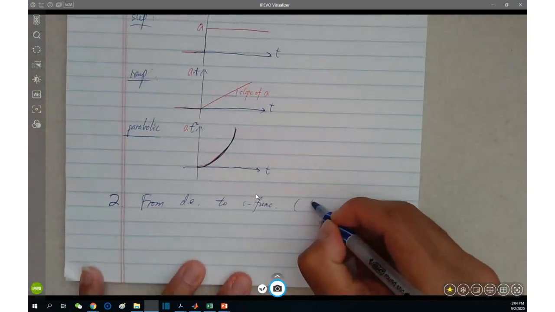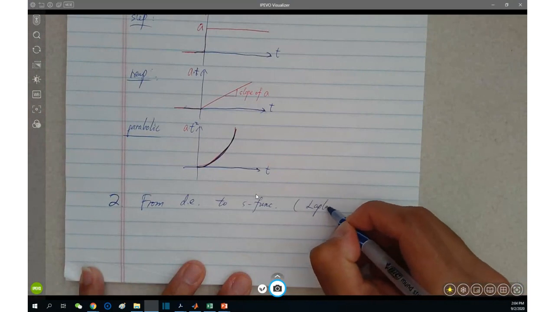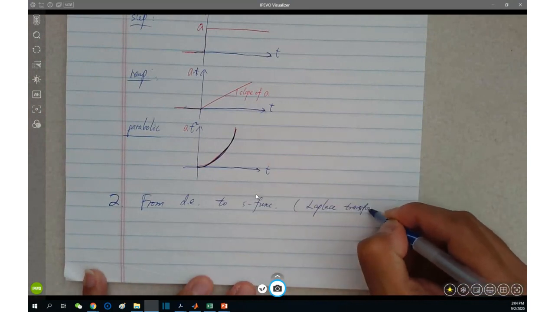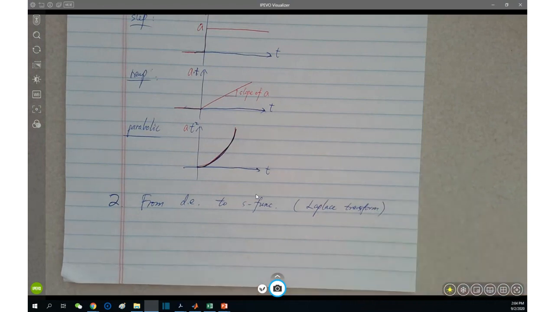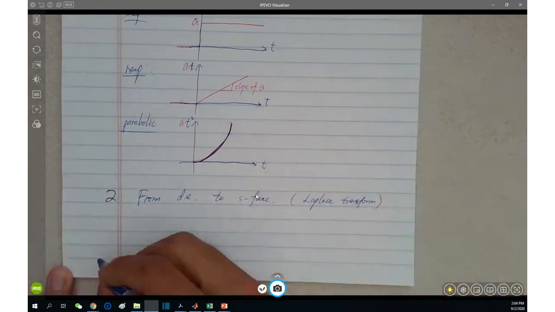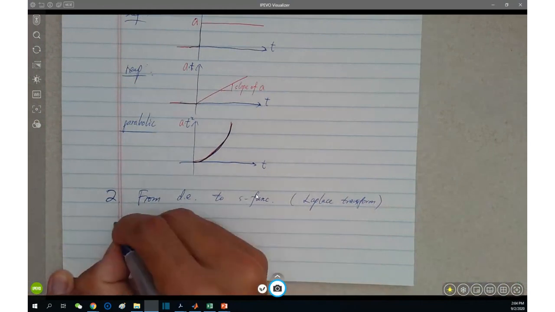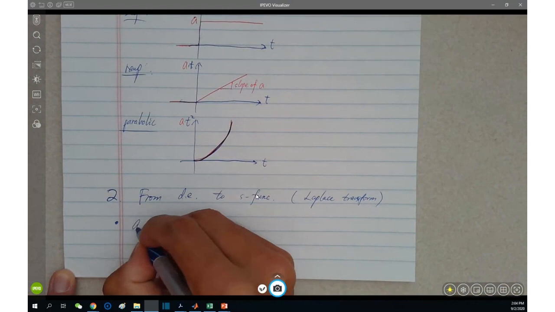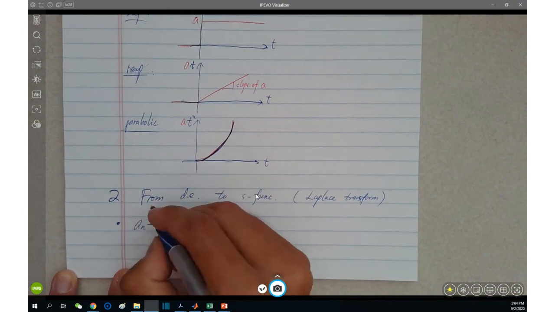From differential equation to S function, what we do is just the Laplace transform. How to conduct the Laplace transform? Two equations, not only one. Let's see how we do it. First, let's define a generic differential equation.